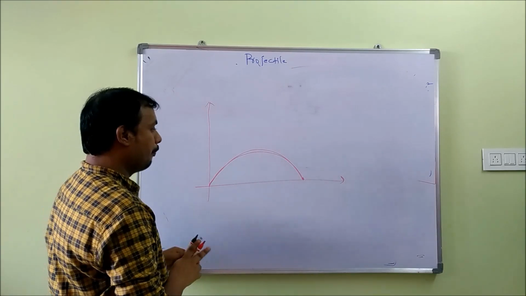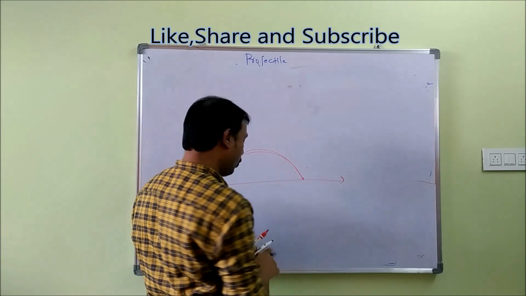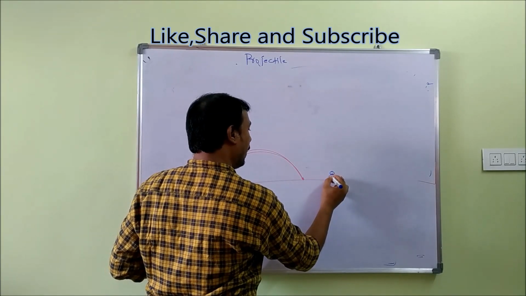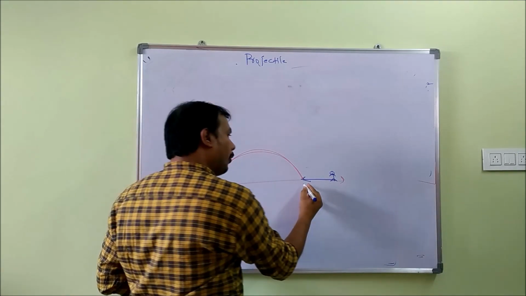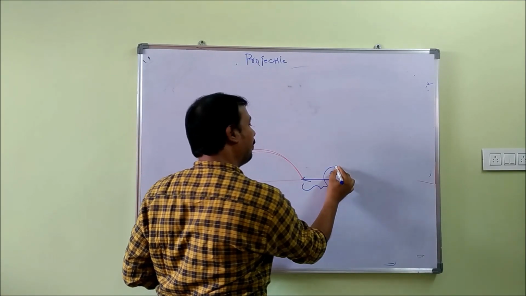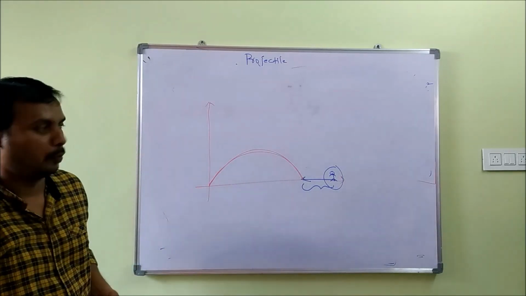Before it touches the ground, a second player is moving towards the ball to catch it. Then how much distance is covered by the second player? This is one more concept to solve projectile problems.